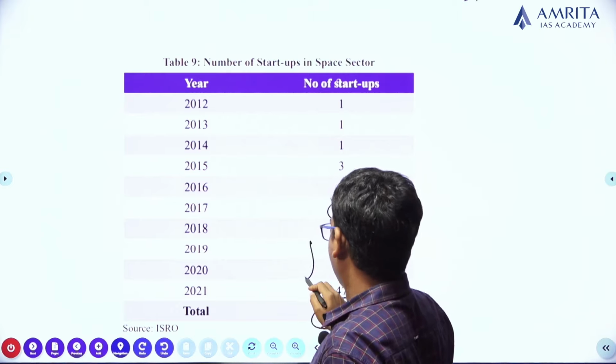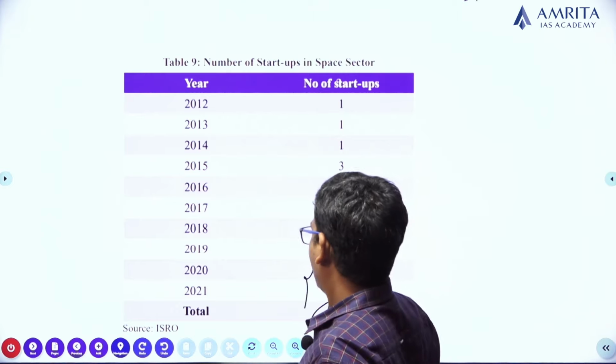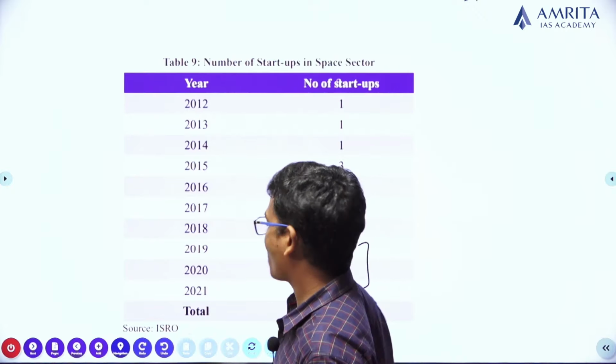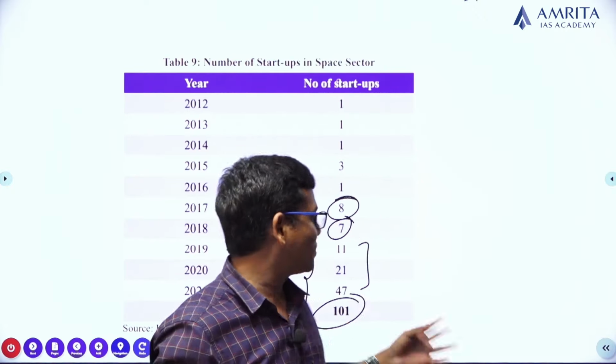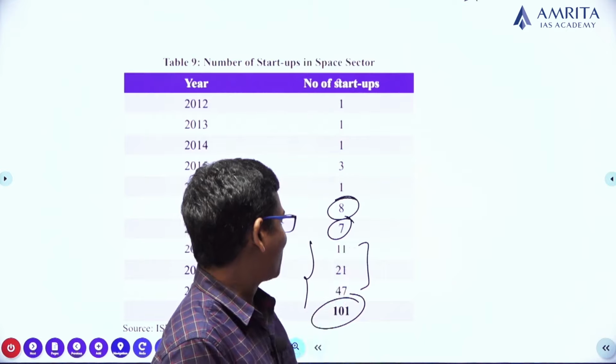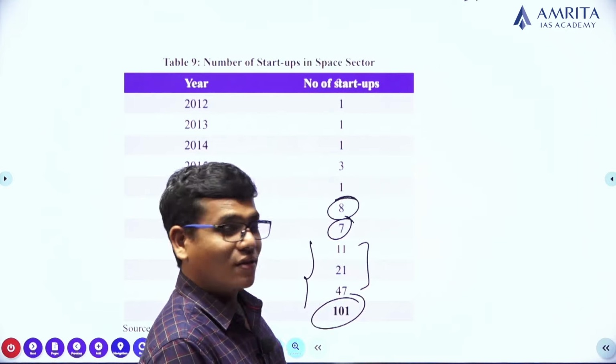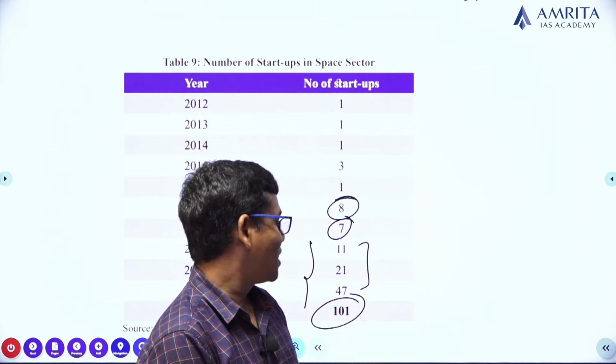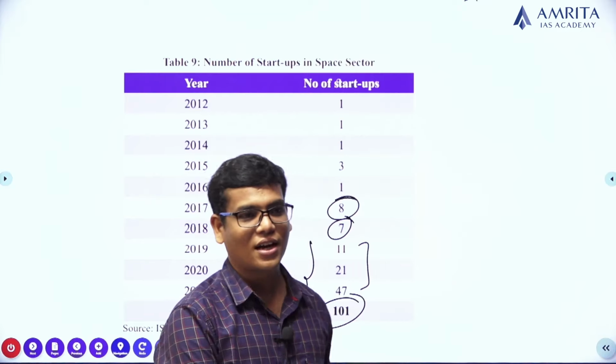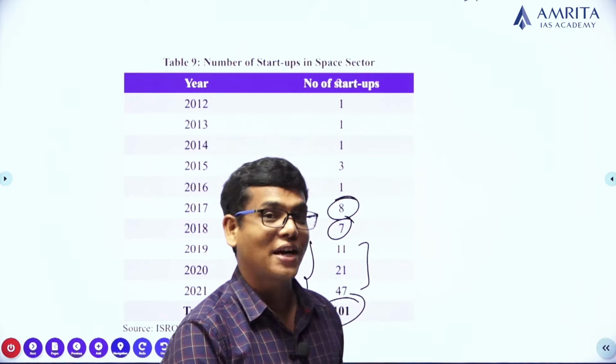In the last 3 years, from 2019, 2020, 2021, it is a huge increase. As a percentage, it's almost 100% increase, 11 to 21 is 100% increase, 21 to 47 is more than 100% increase. So that is the startups in the space sector.